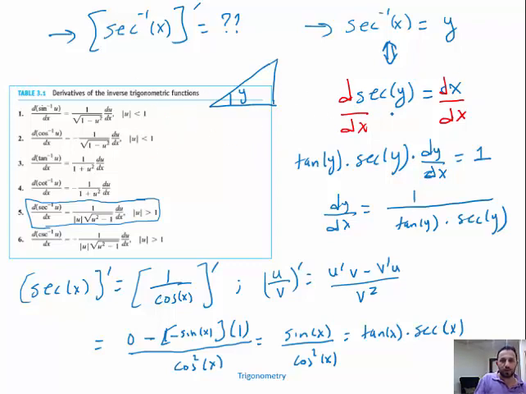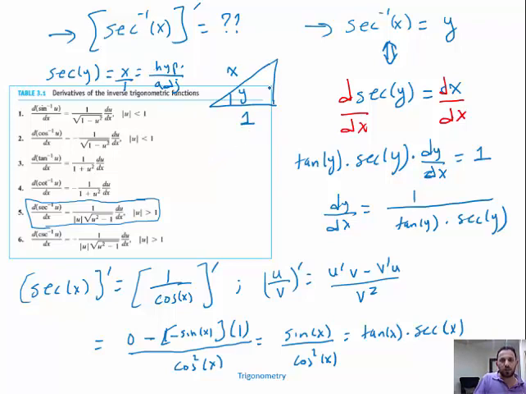So from this equation we assume that secant y equals x, and this is equal to hypotenuse over adjacent. So this is over 1, so the hypotenuse is x and the adjacent is 1.